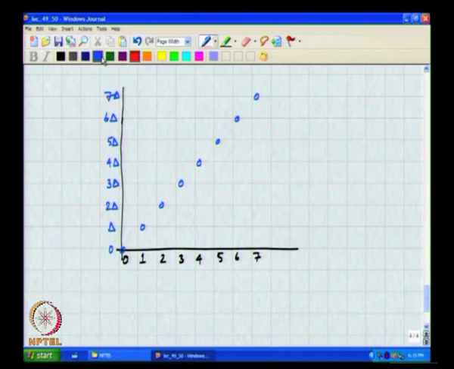Another kind of error, again all this should be very familiar given you are exposed to A to D converters, is when you join these points, you get a straight line.